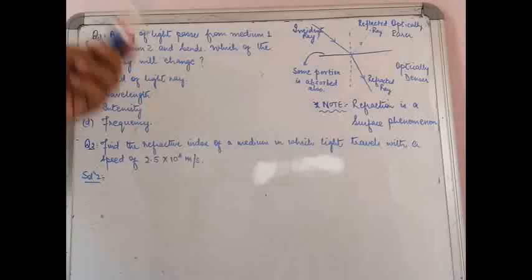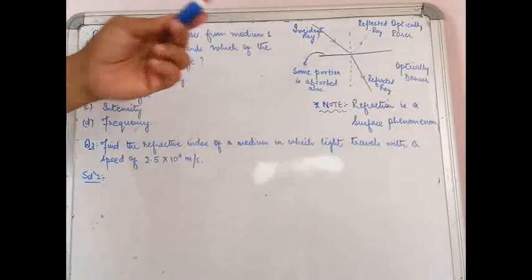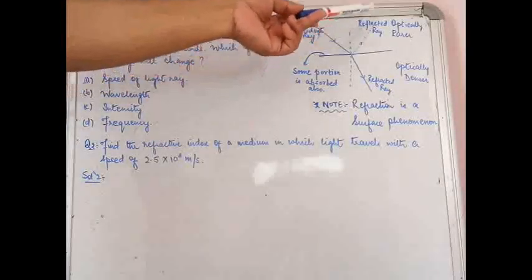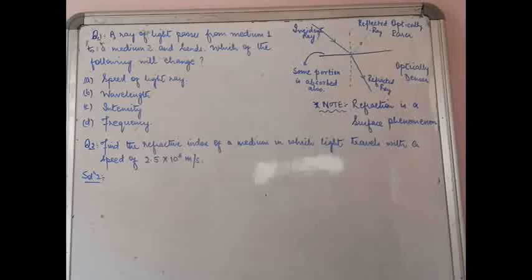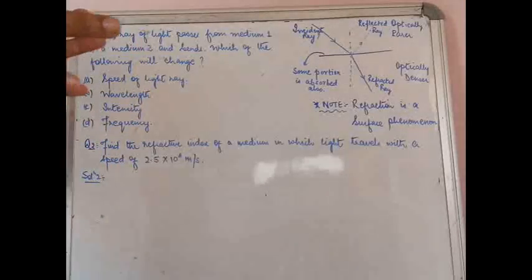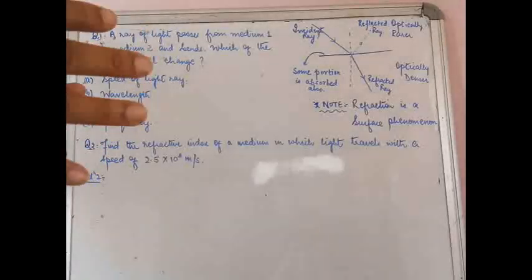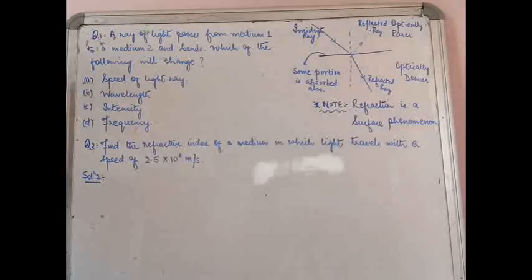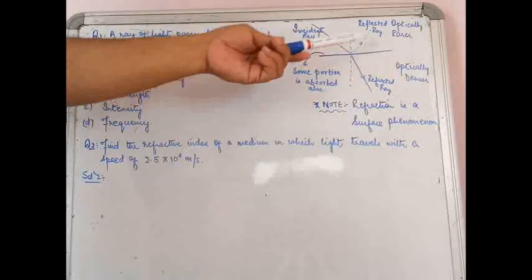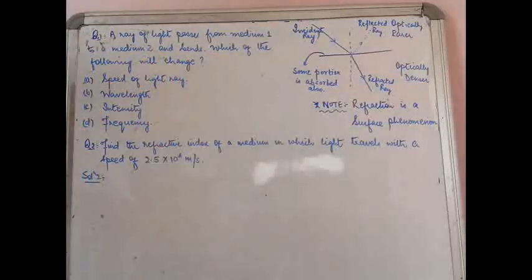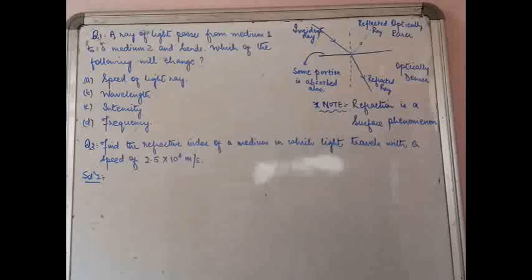In fact, some part of the light gets absorbed at the surface, whereas some part gets reflected back. So you must remember that a number of processes are taking place. Since we are studying refraction in this chapter, we are basically studying the refraction part only, and we have not been showing the reflected and the absorbed part. But these processes are all taking place, and remember that refraction is a surface phenomenon.